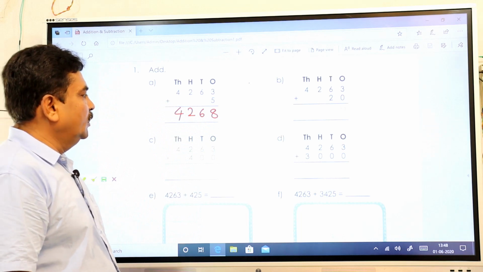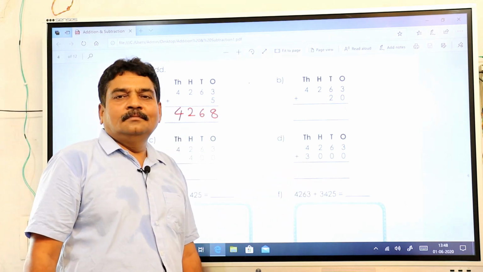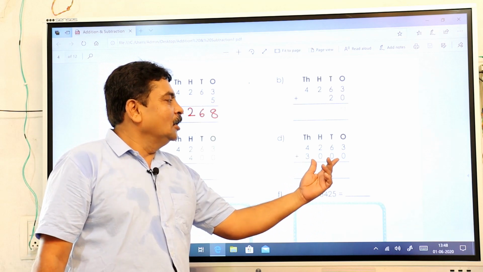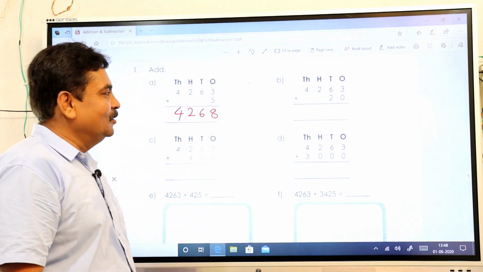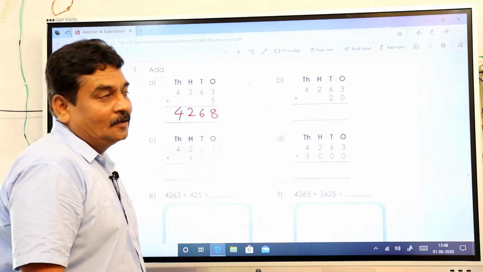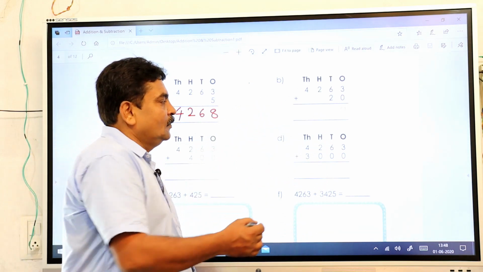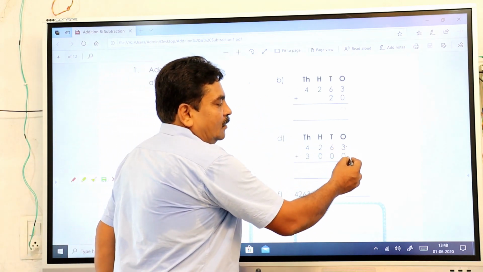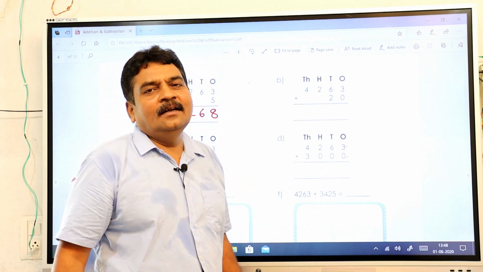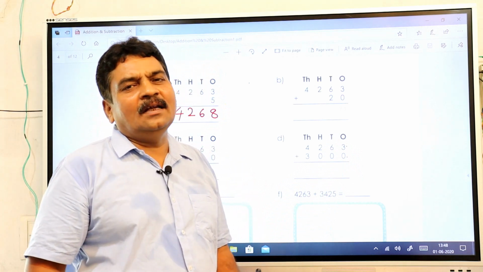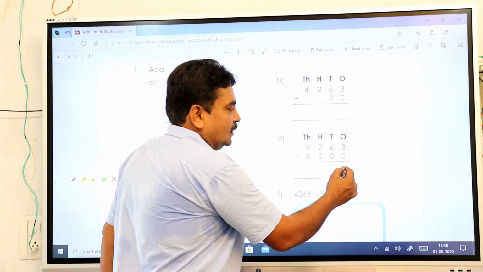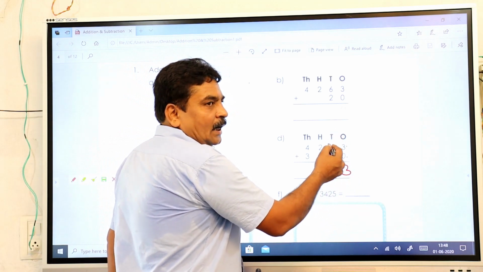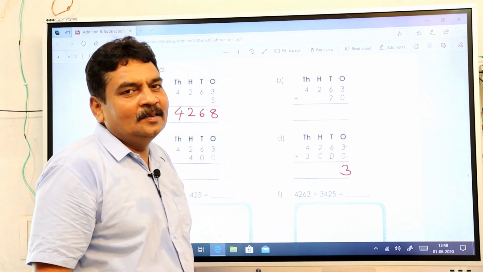Okay, I'll do this problem. This is my favorite problem, so I'll do this. Remaining you please do by yourself. So here 3 plus 0. You are adding nothing to 3. Adding 0 means adding nothing, so you write down 3 as it is. Again you are adding 0 to 6, so you are adding nothing.